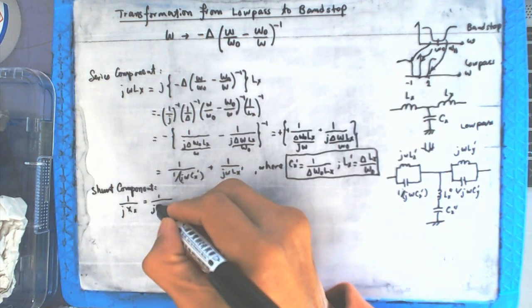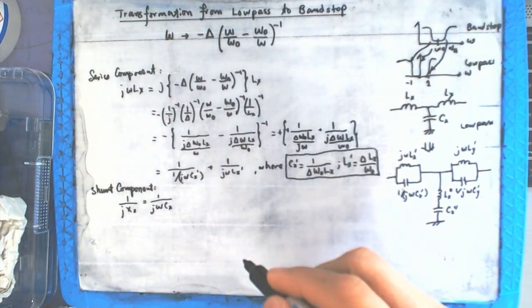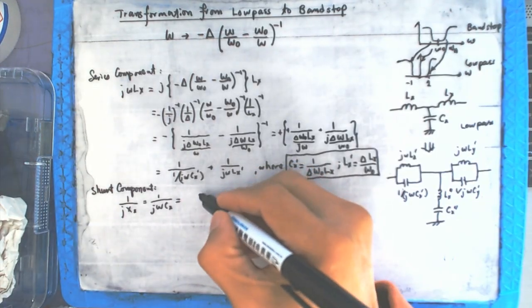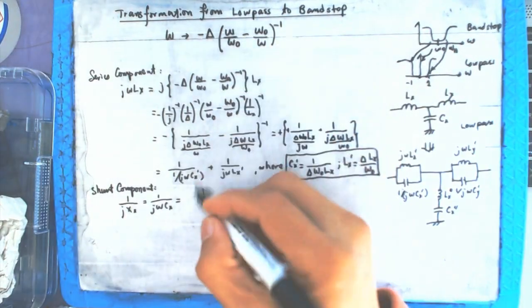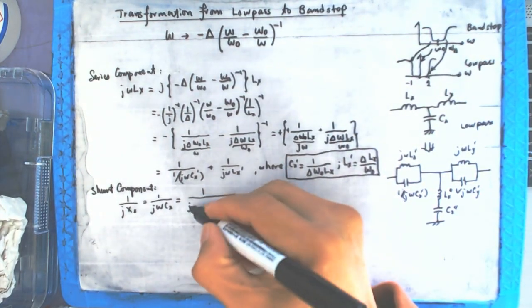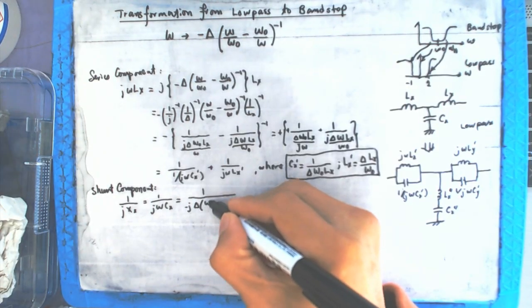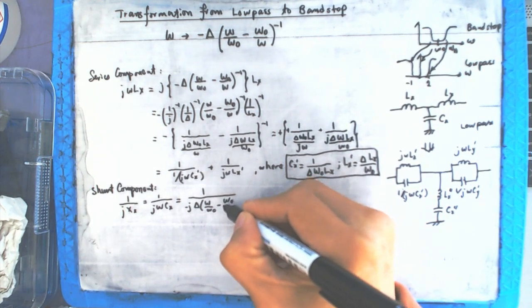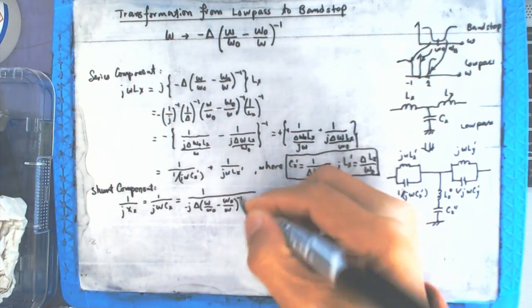Yeah, I'm now working with the impedance, right? And then you can replace this omega with this expression, and then Cx.